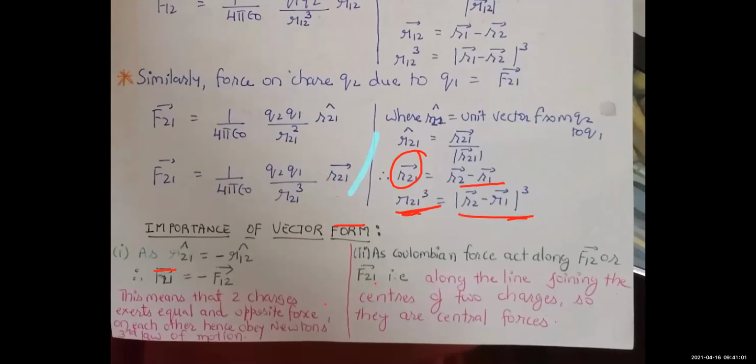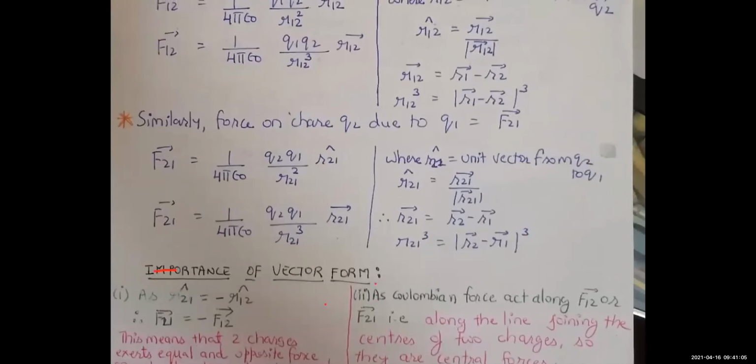Right? So if you look very carefully, children, these two equations we know from Newton's third law of motion. We know from Newton's third law of motion that action and reaction are equal and opposite. So here one force is action, the other force is reaction.